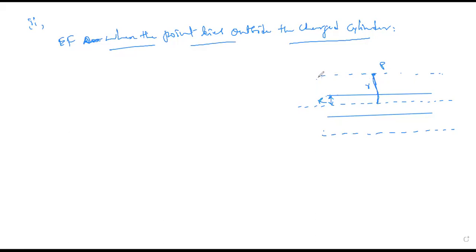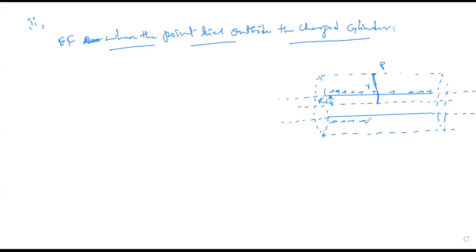This is the cylindrical Gaussian surface, and the charged cylinder is infinite, so it should extend. Already I said it is plus Q, so you have to draw plus Q everywhere, the same diagram.